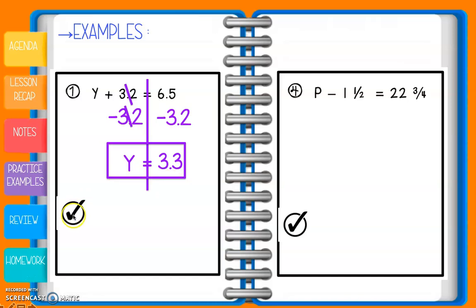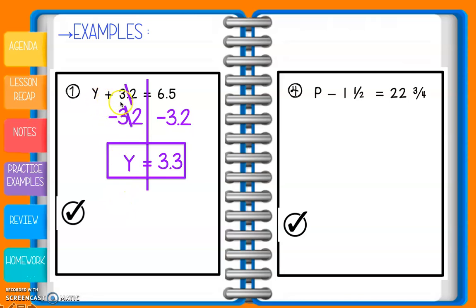Now, you'll see that I've got my little check mark down here, because what we can do is we can check every equation that we ever solve to see if it's right before we submit our answer. So we should never miss an equations question because we can check it with substitution. So what we're going to do is everywhere we see a y, we're going to substitute in our 3.3.